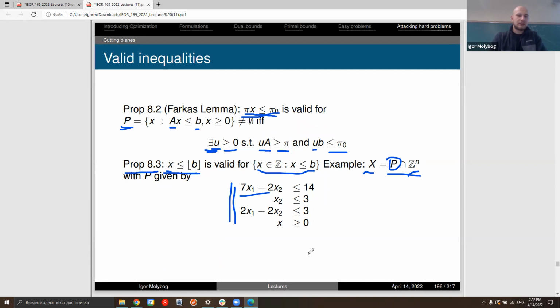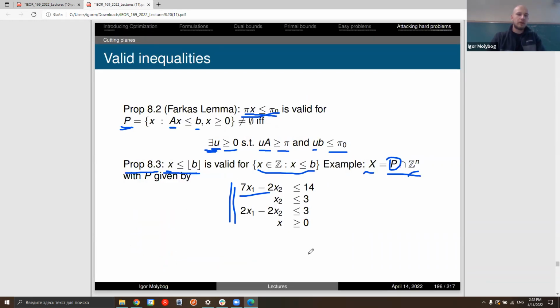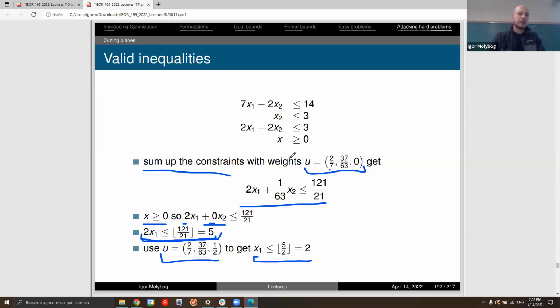I just have to say that it is an extremely powerful tool, and it roots from Farkas lemma. It's not very useful to do by hand, because coming up with these coefficients is not a very simple task.